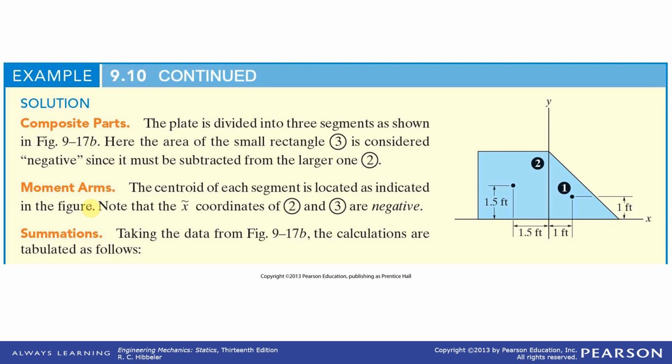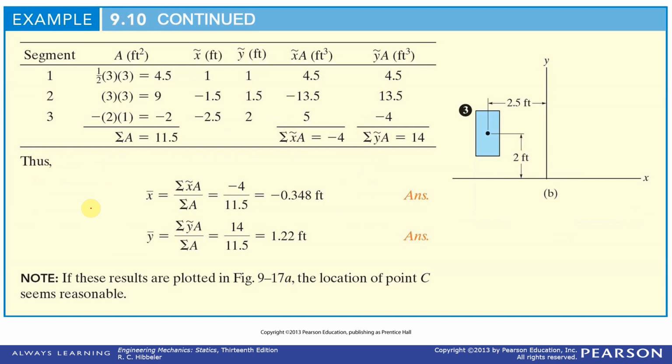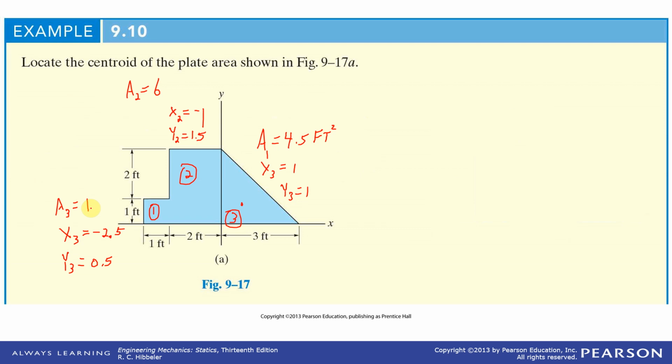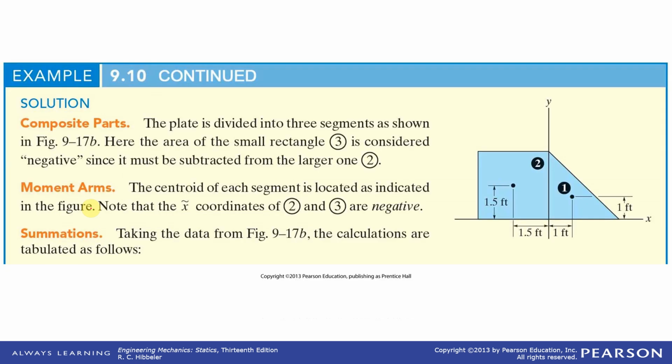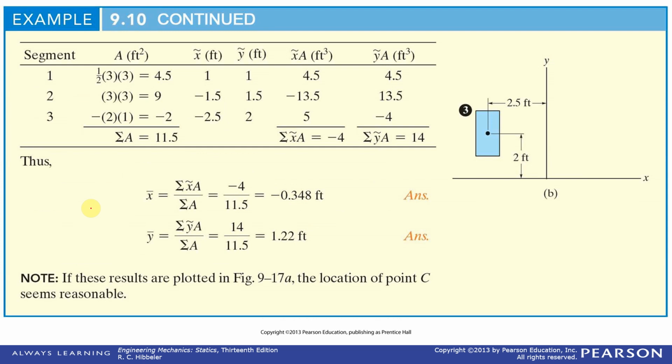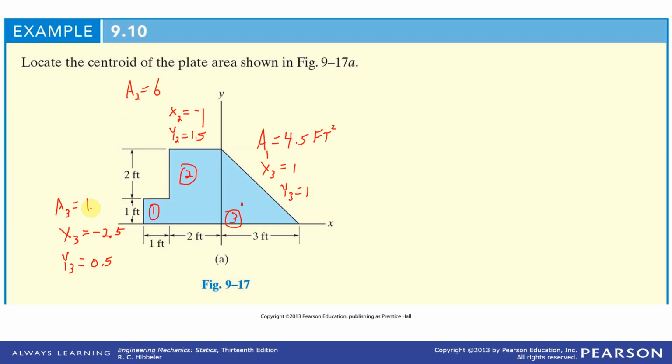It's basically telling us everything that I just went through. Setting it up, let's see. Area, 4.5, 9, -2. Area, 4.5. Well, where did I get the 9 from? 3 times 3 is 9.